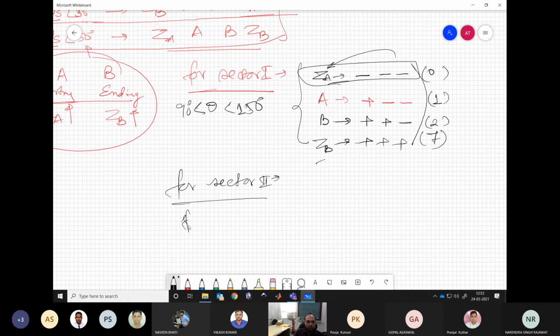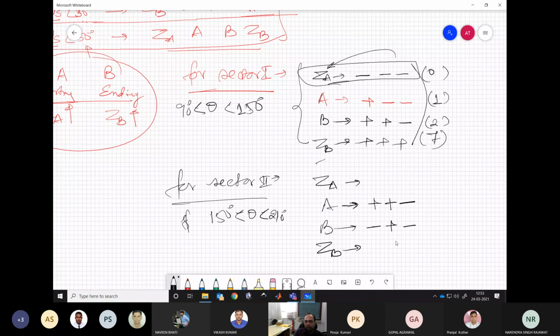Now for the next sector, when my theta is between 150 degree to 210 degree, then my ZA, A, B and ZB will change. Now my A will become plus plus minus, my B will become minus plus minus, my ZB will become minus minus minus and ZA will become plus plus plus, which means 7, 2, 3 and 0.